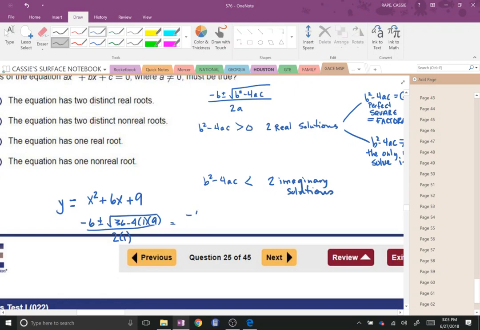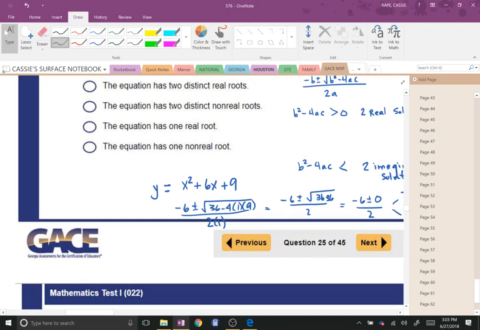That would be negative 6 plus or minus the square root of 36 minus 36, over 2, which is equal to negative 6 plus or minus 0, because 36 minus 36 equals 0, all over 2. There is no difference between negative 6 plus 0 over 2 and negative 6 minus 0 over 2.